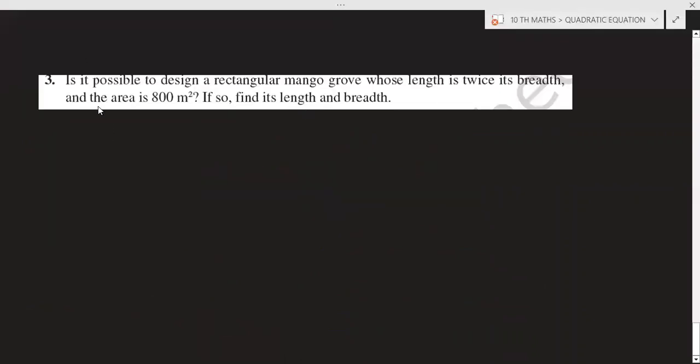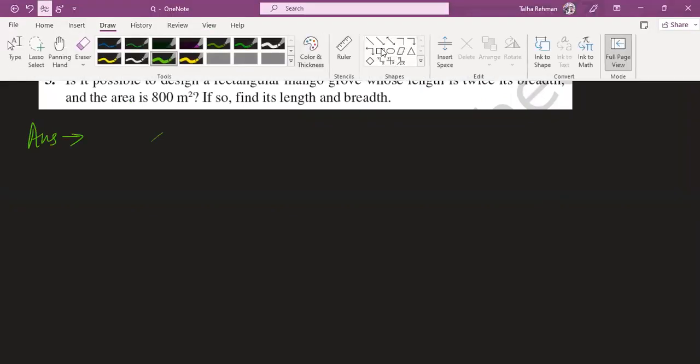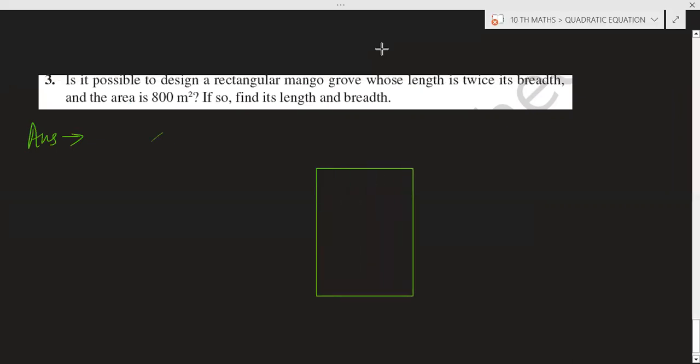Very easy question. Is it possible to design a rectangular mango grove whose length is twice its breadth and area is 800 meters square? So you have to draw a rectangle like this.